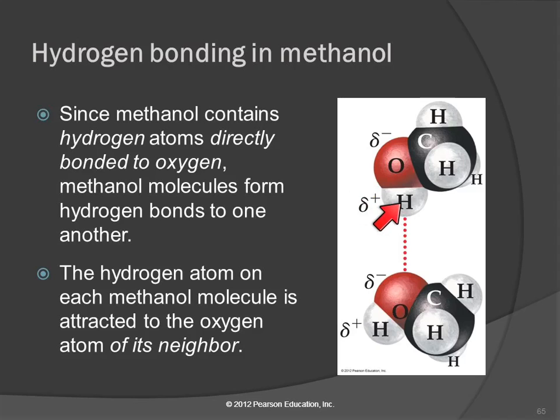So this bond is extra polar, and this partial positive attracts that partial negative. And so you've got a stronger attraction between methanol molecules than between ethane molecules or something else that doesn't have that in it.